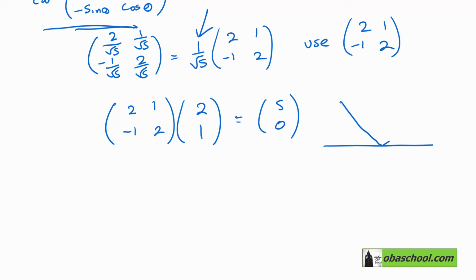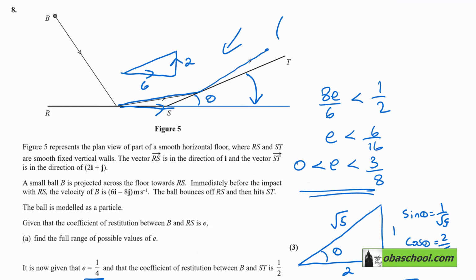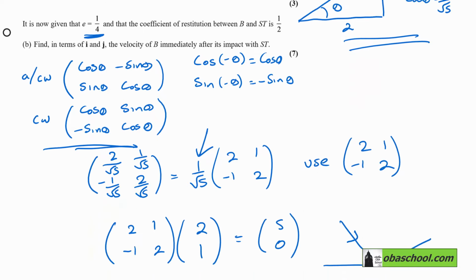We have to rotate the other vectors as well, and we'll do that now. So we discussed the incoming velocity, which in this picture is going to be 6, 2. What's it going to be when we rotate?